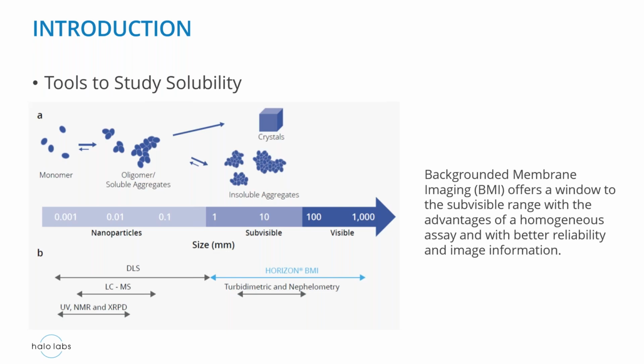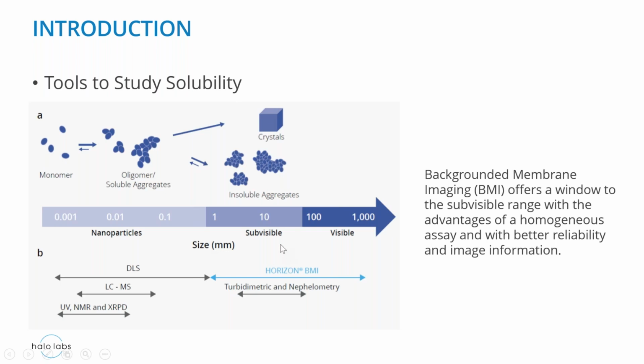Techniques like, for example, size exclusion chromatography require you to filter the sample, and then you immediately lose all the aggregates that you had there in the subvisible. So these techniques are very nice as an orthogonal way, but before getting here, one thing that is highly overlooked is the subvisible.